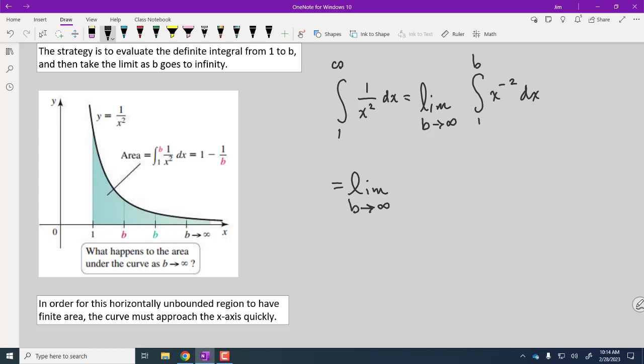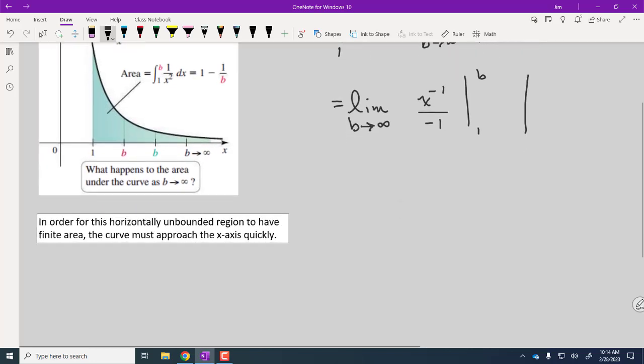So now we integrate. So this is x to the minus 1 divided by minus 1 from 1 to b. Power rule, add 1 to the exponent, divide by the new exponent. And this will become the limit. Let's just rewrite it. I find that it's sometimes easier to analyze limits when you don't have negative exponents.